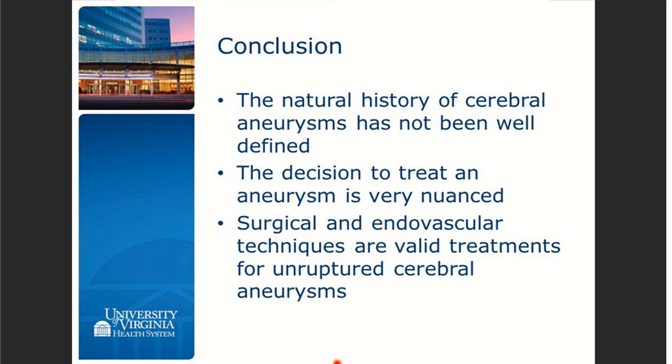So I think it is important if you find that this becomes much more worrisome, as in the case that I demonstrated with the MCA aneurysm. It's been stable over 7 years, so I had the luxury of not having to make that decision early on.